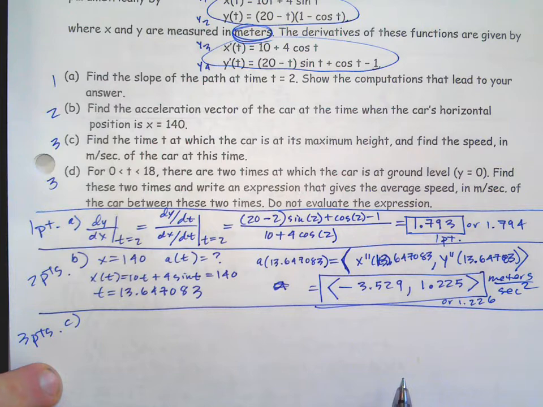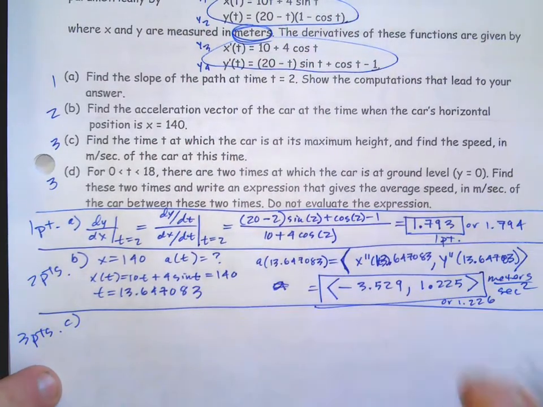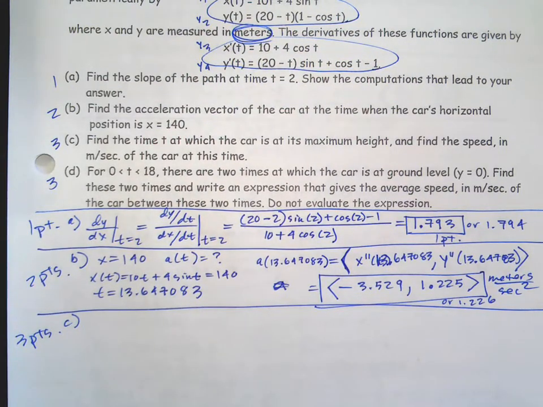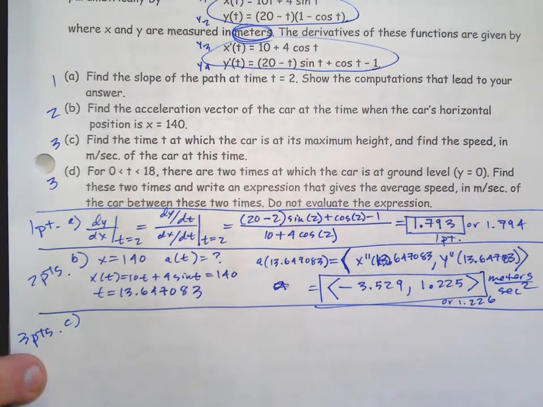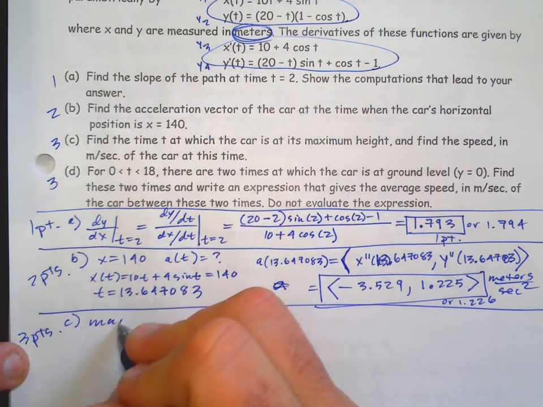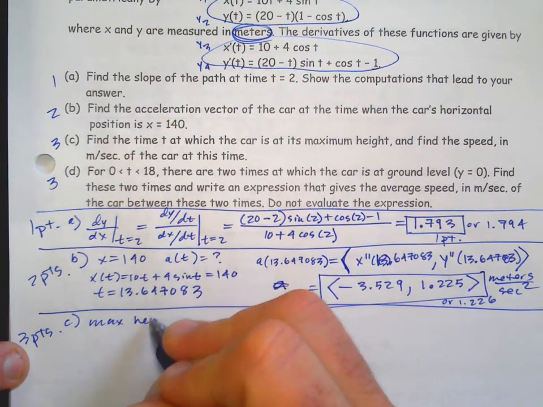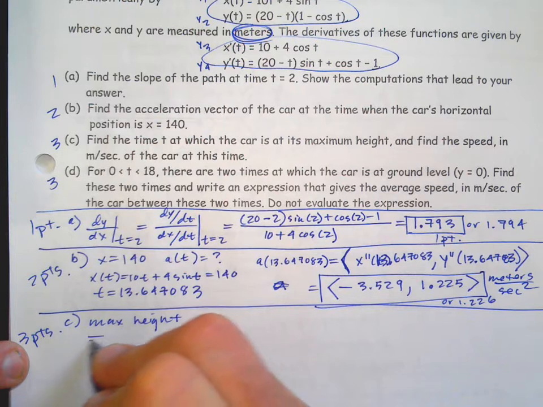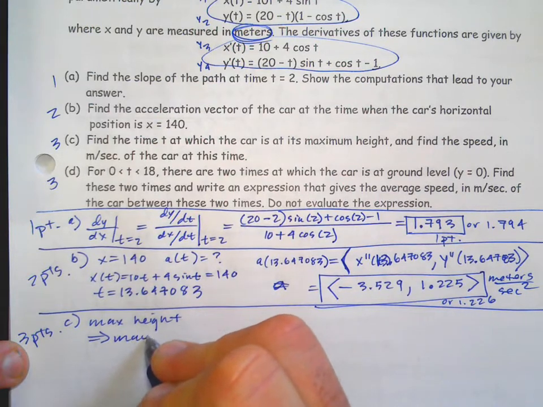X is meters, t is in seconds. Okay, so we're trying to find maximum height, the time when it's the max height, and then find the speed there. So this is looking for max height, the EVT problem, which means we're looking for max y.